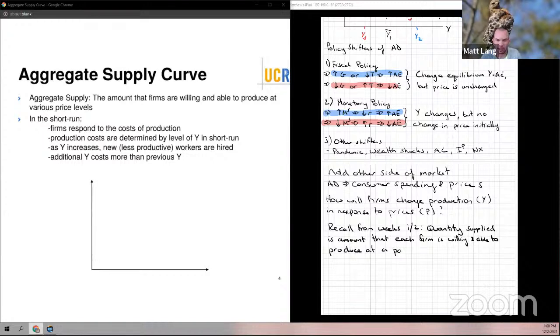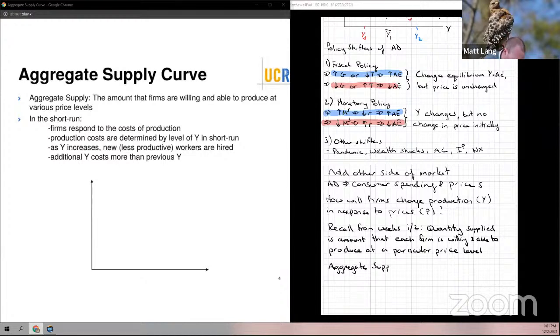So what we're going to do is aggregate this concept to the entire industry and to all firms. You can almost think of it as the ultimate average firm, or we think of it as all firms together, right? Either way, whatever seems to fit best, that will be depicted by an aggregate supply curve. We see that up on the screen here.